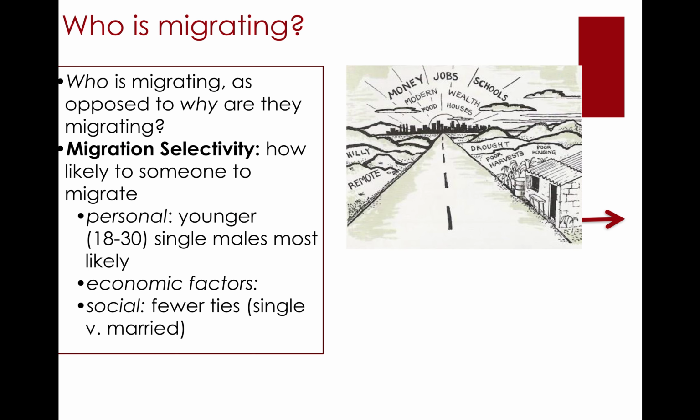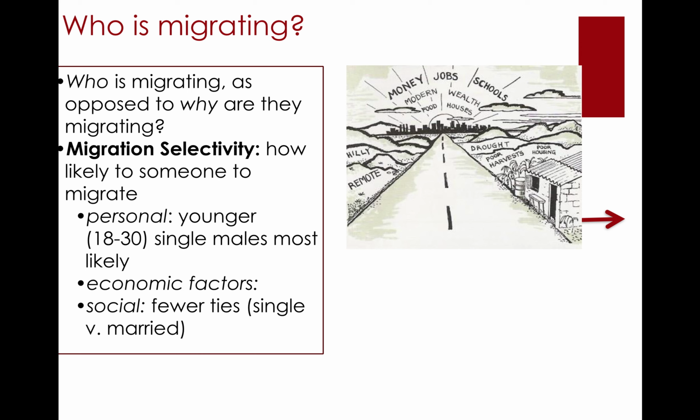Okay, so who's migrating? As opposed to why are they migrating? We have some terms that universally help us understand who's moving, and we call these migration selectivity, which are essentially criteria for how likely someone is to migrate to a place. There are personal characteristics that help us understand that.